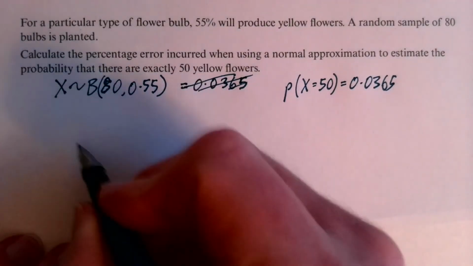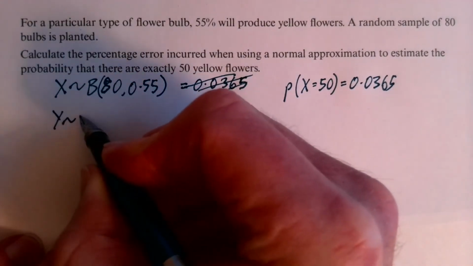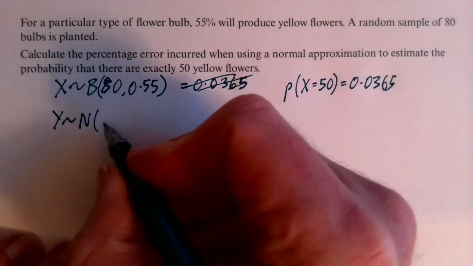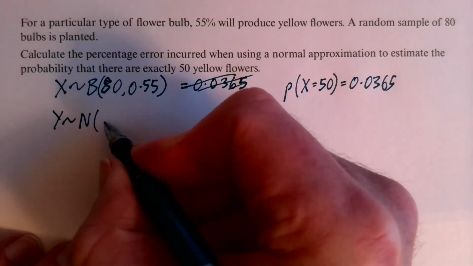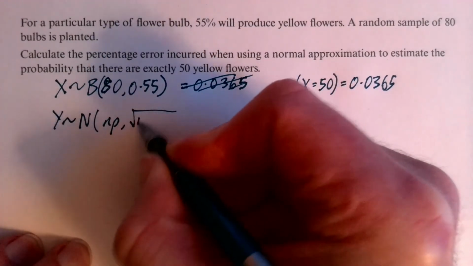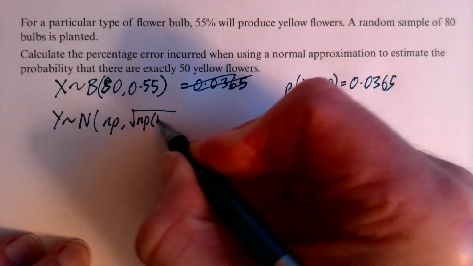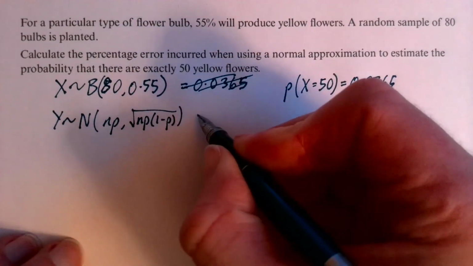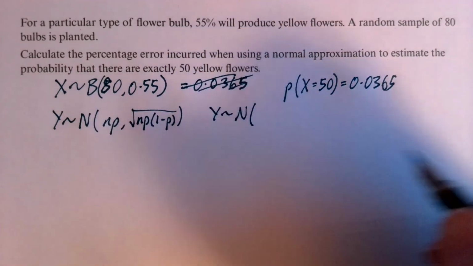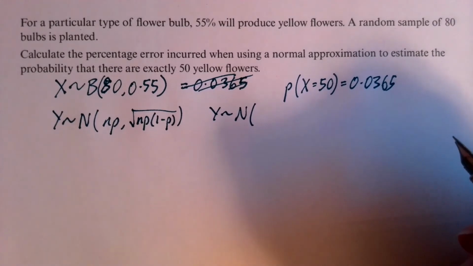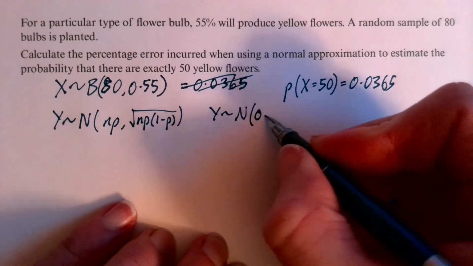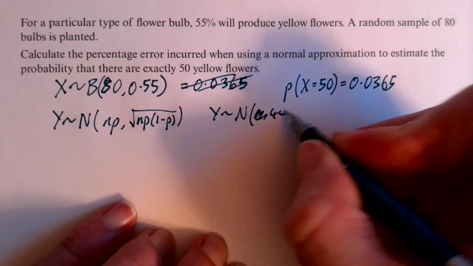So for normal, we need to know the mean and the standard deviation, don't we? That's going to be, remember, np, isn't it? And then this is going to be the square root of np multiplied by 1 take the probability. So np will be 80 times 0.55, which is 44.